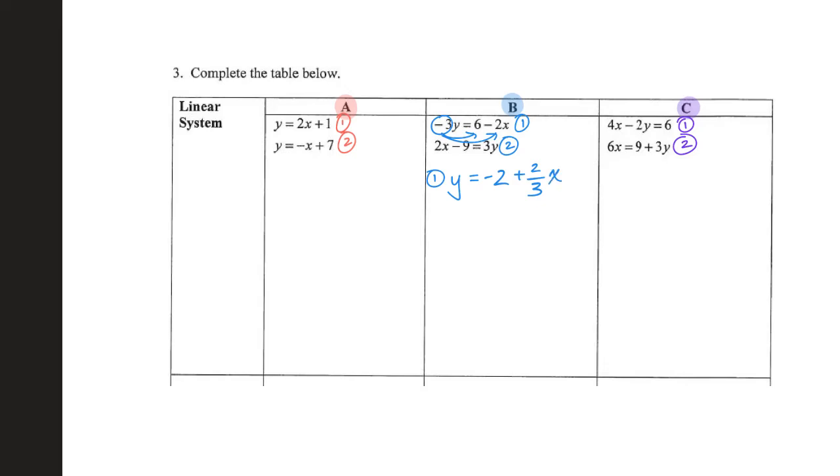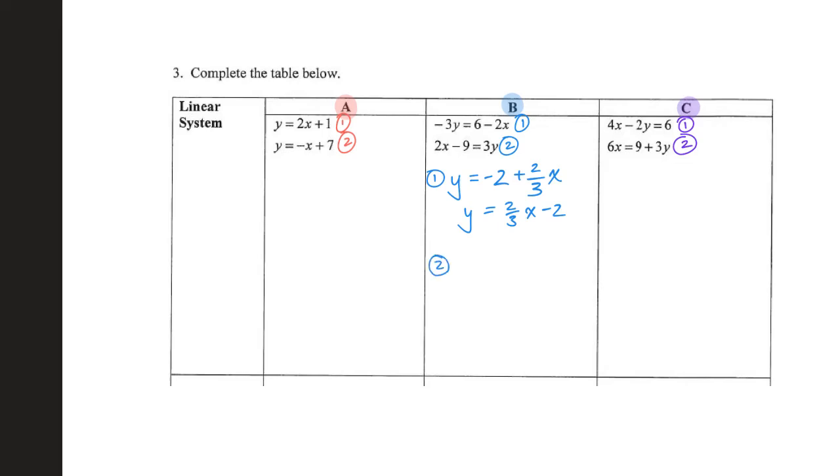Now, some of you won't like the look of that, and feel free if you want to or need to rewrite that with your x term first and then your constant second. But I'm hoping that we're good in both cases. Those are the same thing. Okay, I'm just going to clean up that equation a little, because now we can jump to equation 2.